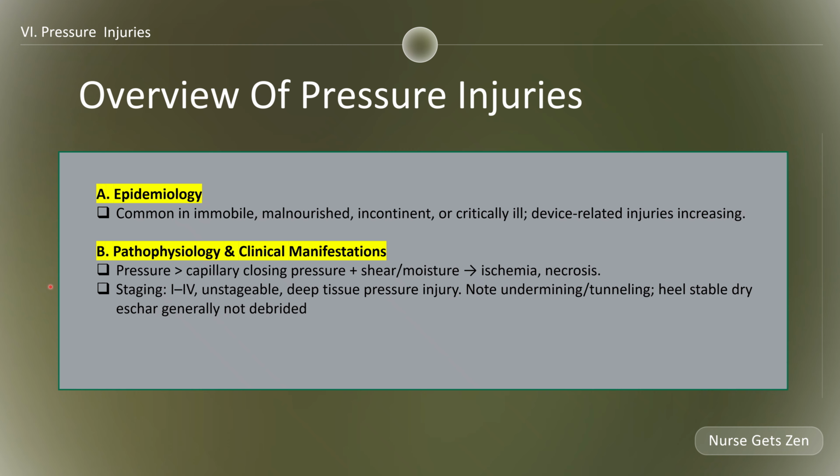Surveillance and prevention are primary nursing considerations.